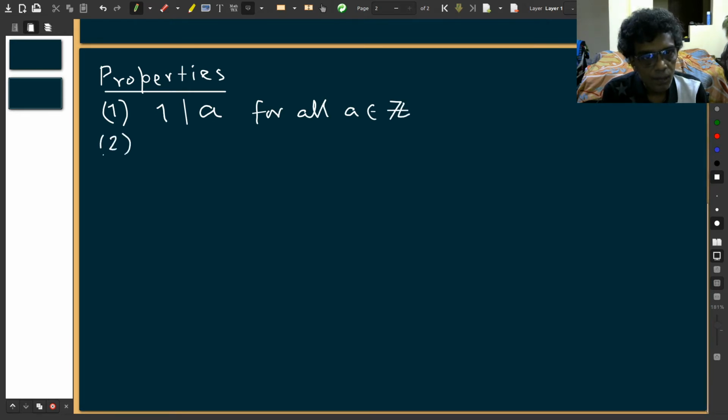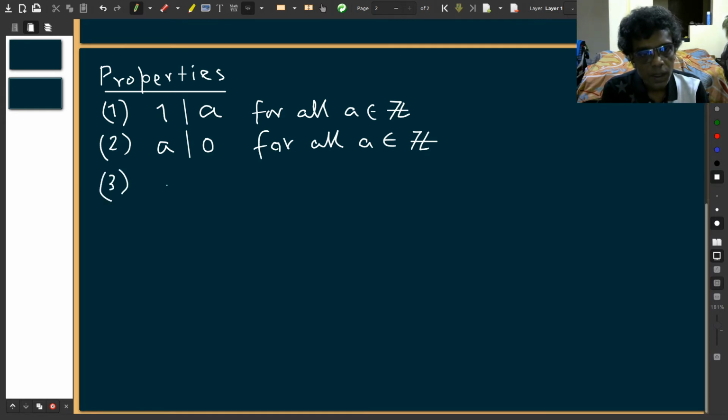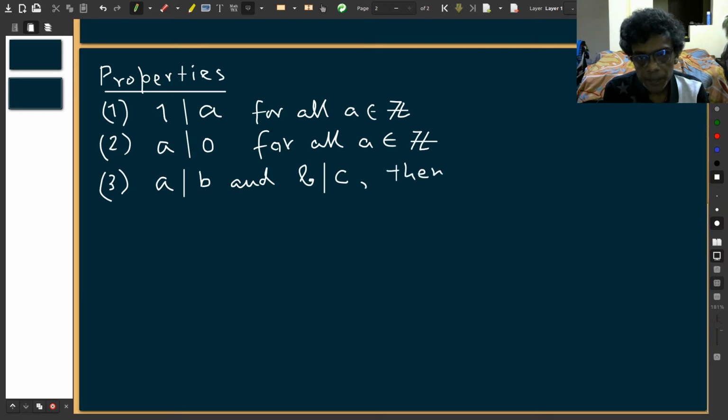Second, any integer a divides 0. Then, if we have 3 integers a, b and c, and if a divides b and b divides c, then a divides c. In other words, this divisibility is a transitive relation.